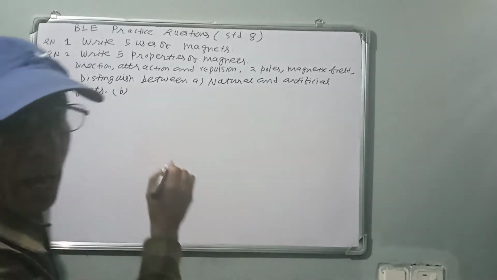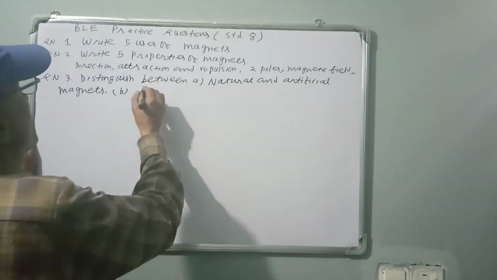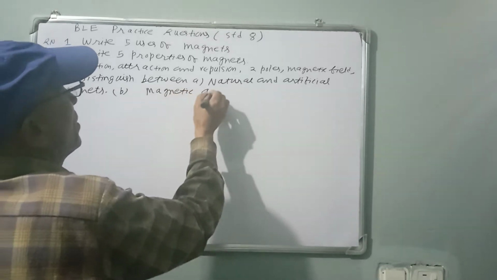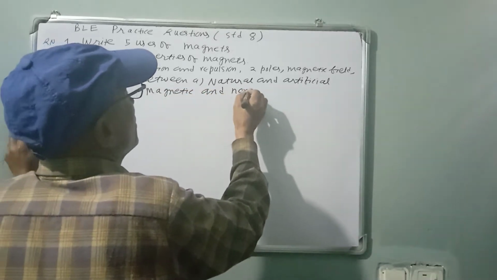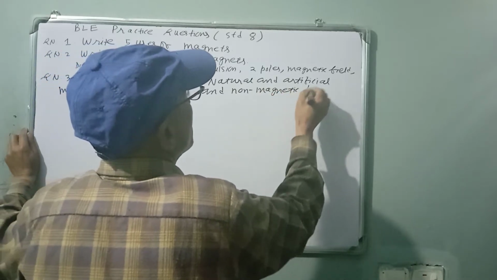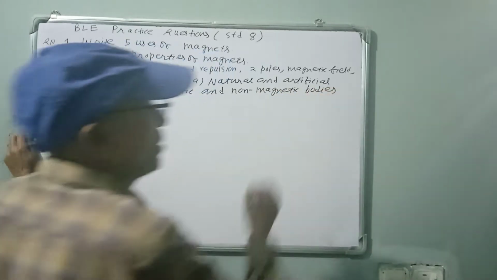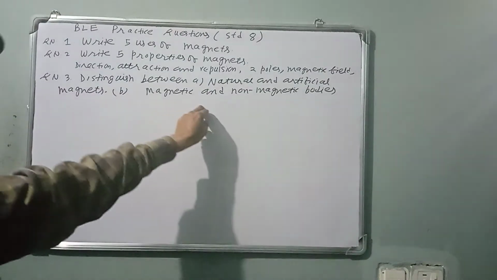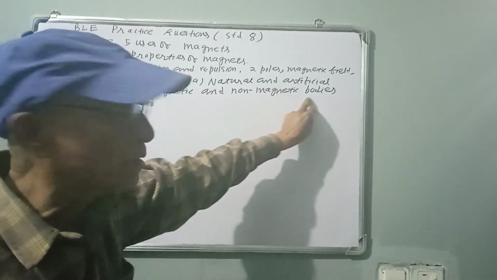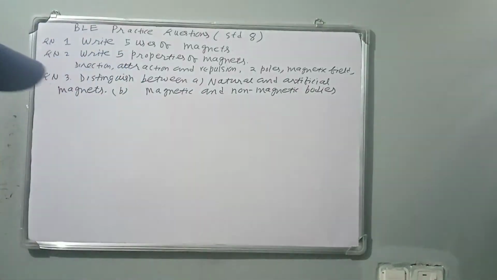Another is magnetic and non-magnetic substances. Magnetic bodies are attracted towards magnets. Non-magnetic bodies are not attracted towards magnets.